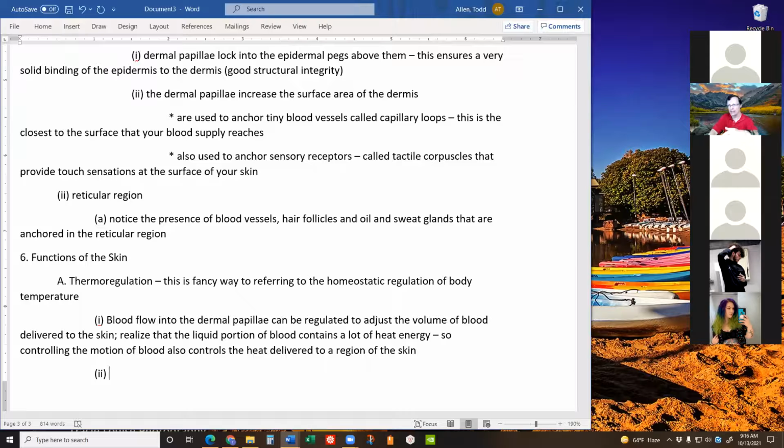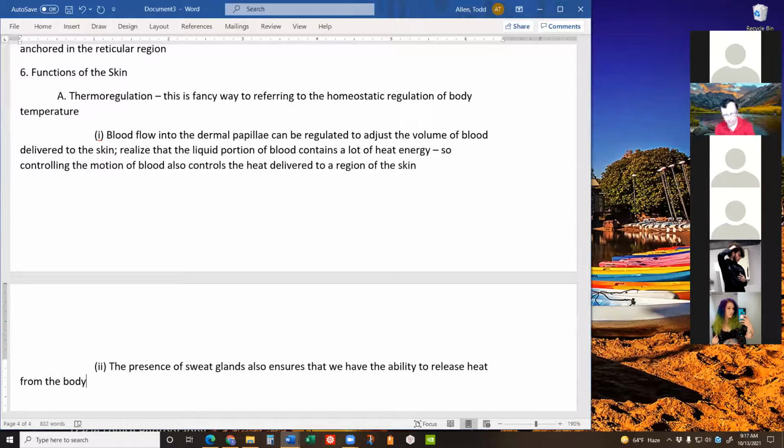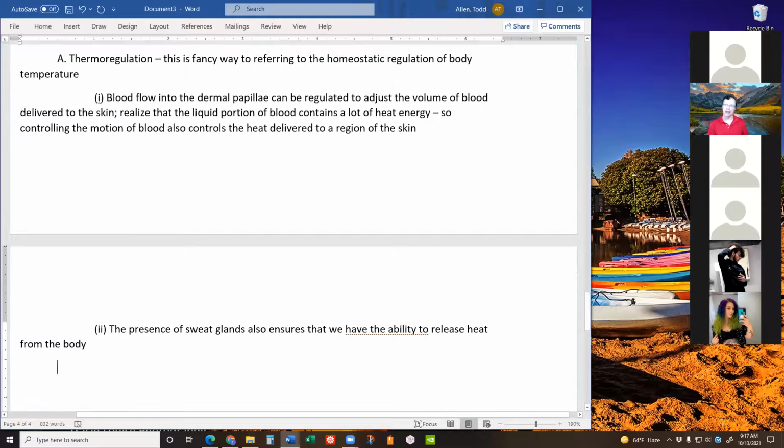That evaporation takes the liquid and the heat trapped in the liquid off the surface of our body, and that cools us down. The presence of sweat glands also ensures that we have the ability to release heat from the body. So the anatomy of the skin is involved in regulating our overall body temperature.